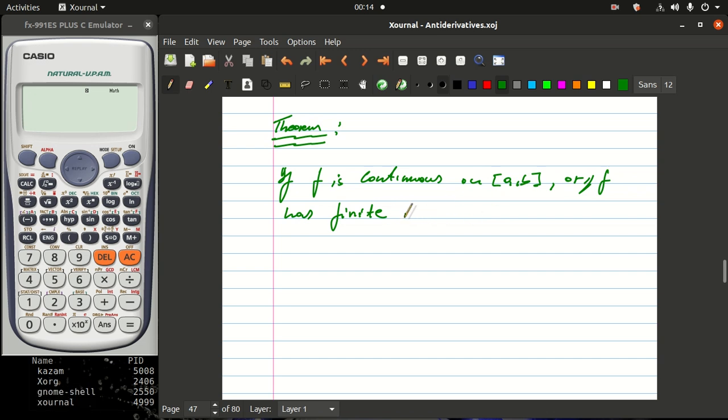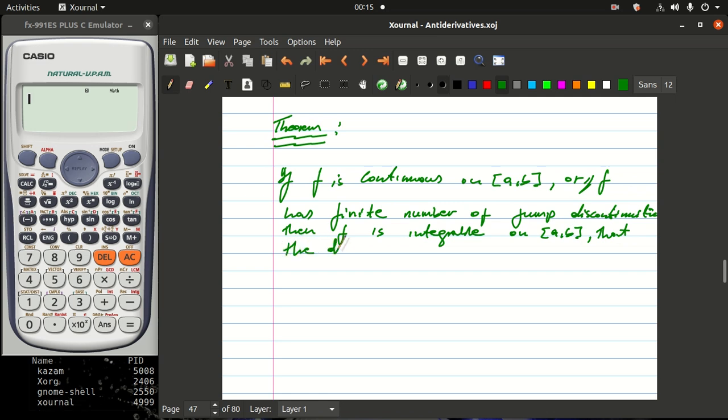If f has a finite number of jump discontinuities, then f is integrable on the interval [a, b]. It must be integrable.